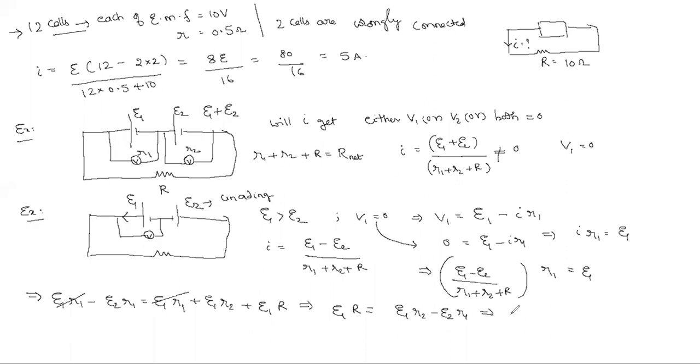That implies the external resistor that should be connected here to get V1 equal to 0 is R equals E1 R2 minus E2 R1 by E1. Am I right? Yes sir. Good. Then in the above case, how much do you get here?